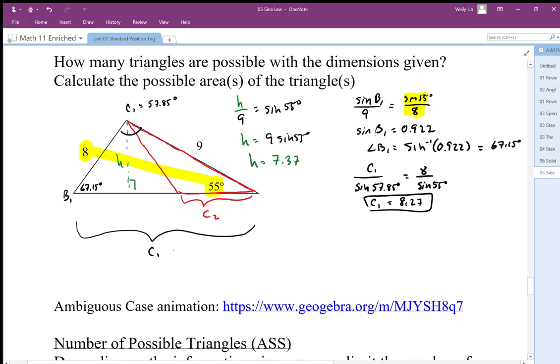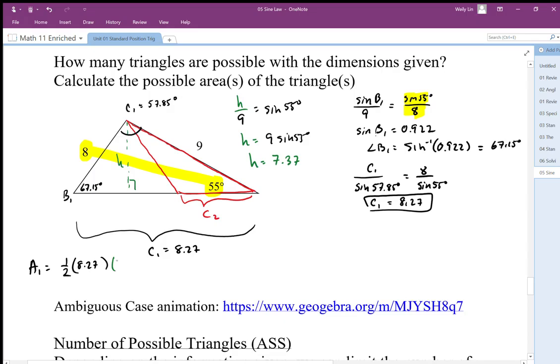I'm going to be able to find the area of the black triangle using my height. Area 1 is going to be 1/2 times my width 8.27 times my height, which I calculated here.